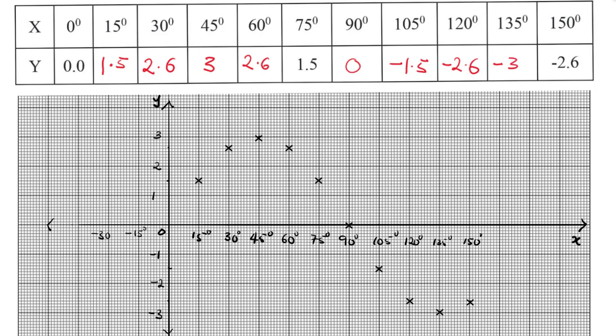So the next thing is to plot our graph, joining all the necessary points. Now using a ruler to connect all the points we've marked, it will be better to use a ruler because it will give you a straight line and it will be neat.